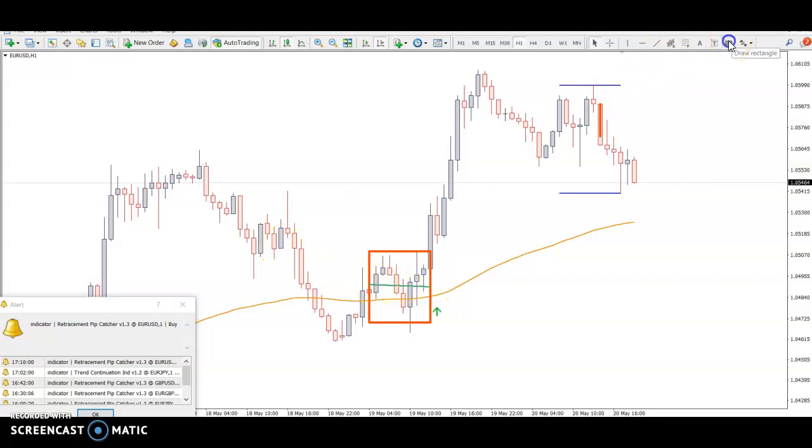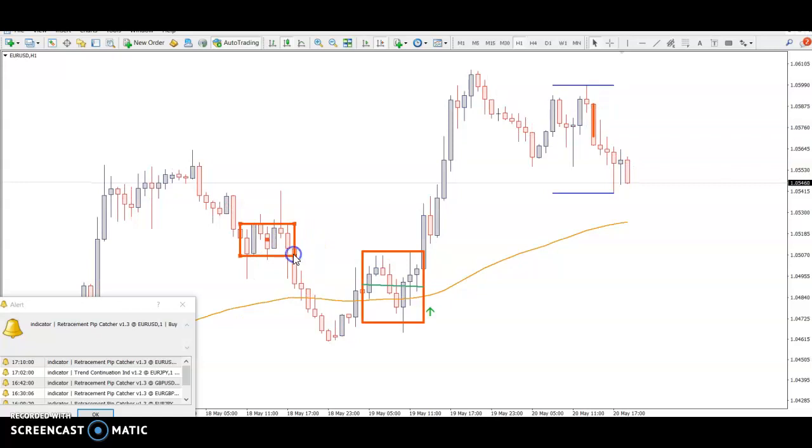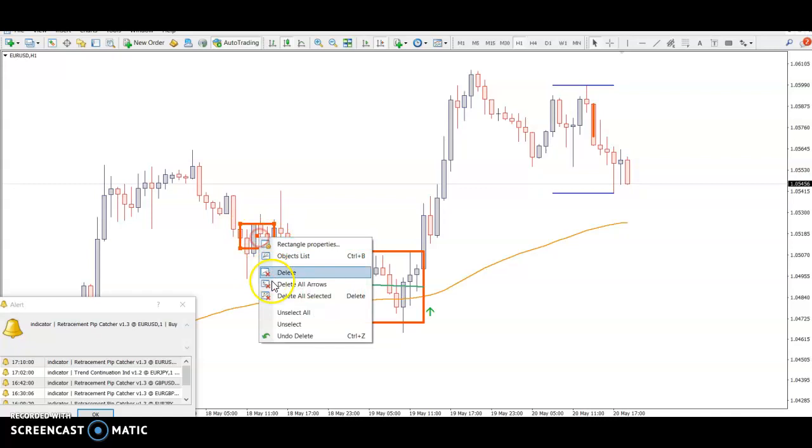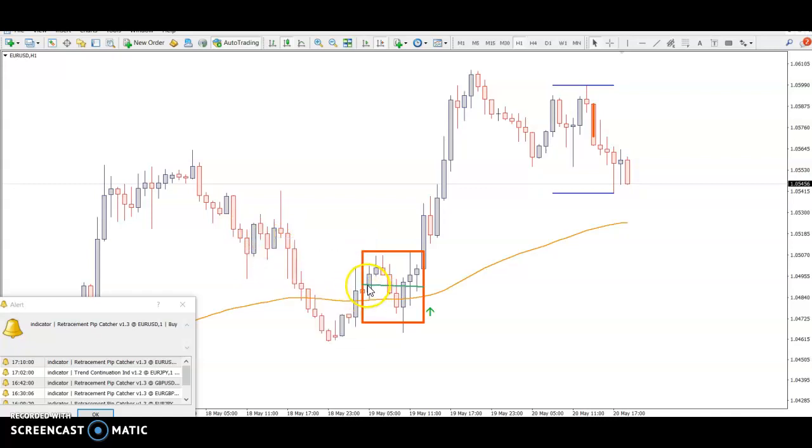It's a bit like they would be, for example, here, but they aren't because we've got a tall one there. But anyway, you get what I'm talking about. If all the bodies of the candles had this line going through the middle of them, then there isn't much up and down movement within the consolidation. It's a really still price movement.